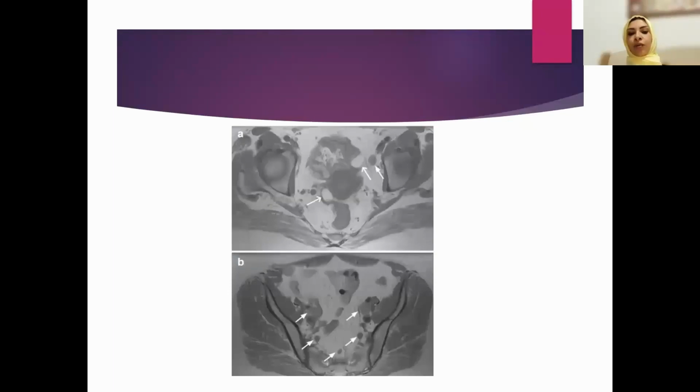That's how we look at lymph nodes metastasis. And here, when you are looking for lymph nodes, T1 is your friend. Why? Because we are using the natural background of pelvic fat, which is hyperintense, as a contrast. So you are looking for hypointense lymph nodes on the background of hyperintensity of pelvic fat.